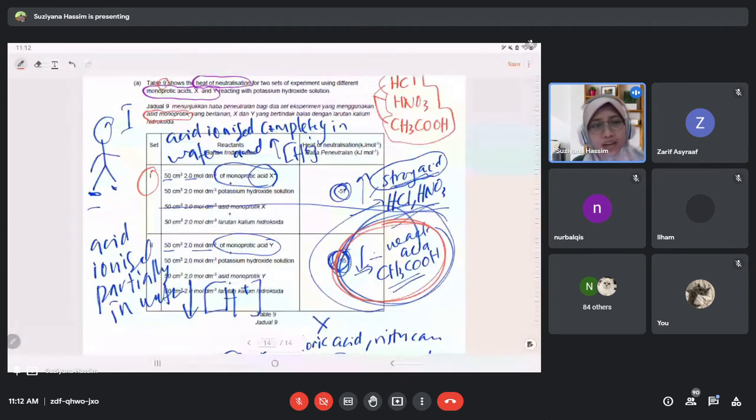Because hydrochloric acid is a strong acid. Ethanoic acid is a weak acid. A strong acid ionizes completely in water and produces a high concentration of hydrogen ions. A weak acid ionizes partially in water and produces a low concentration of hydrogen ions and absorbs some of the heat from the surrounding to complete the ionization. That's why the value is lower.